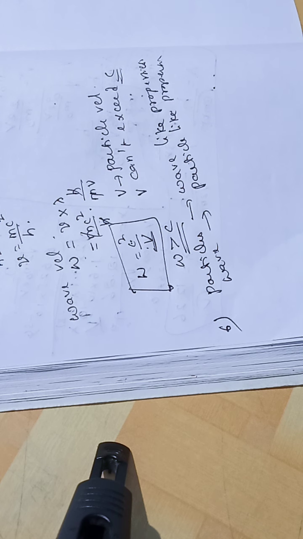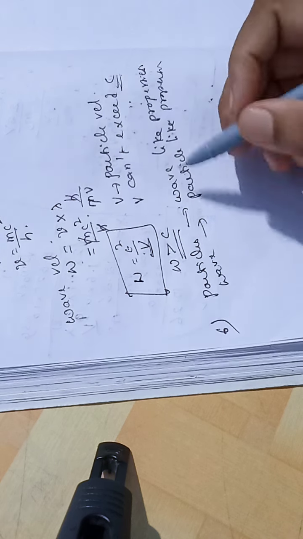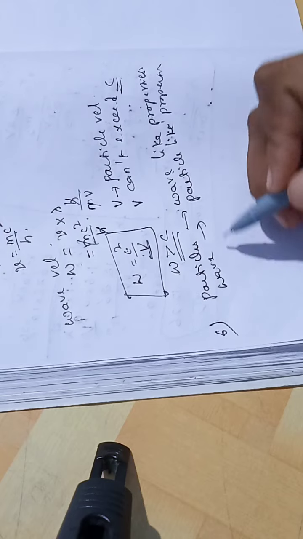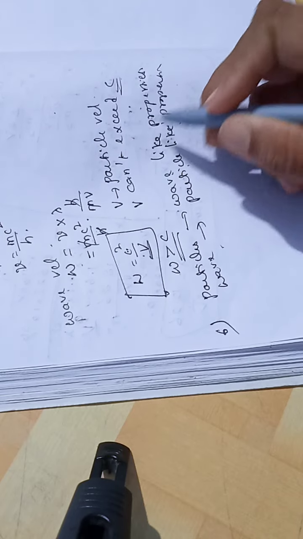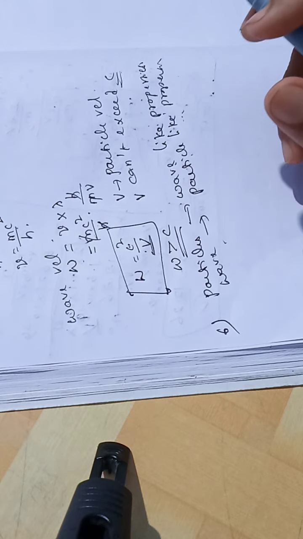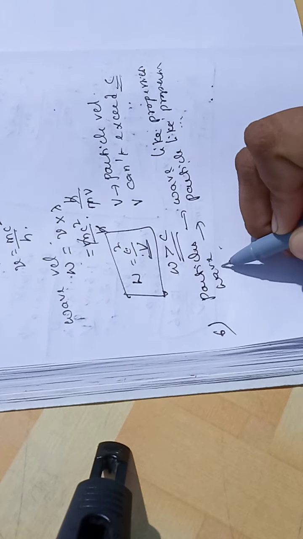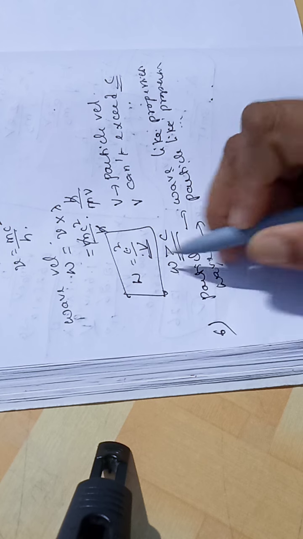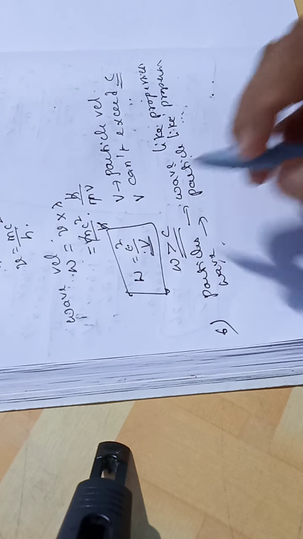Matter waves have dual nature, but these are separately linked. If we see one, we cannot find the other.